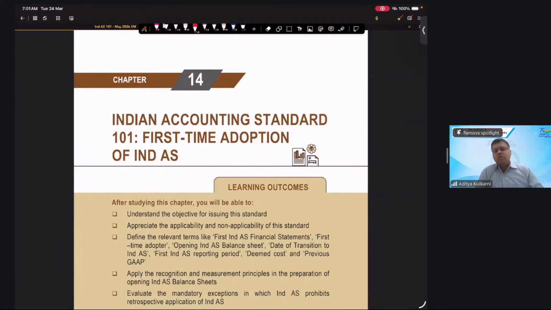Acha. Now, the key point to remember is whenever I transit from GAAP to Ind AS, this becomes a policy change. And therefore, by virtue of it becoming a policy change, we will have to do a retrospective application.